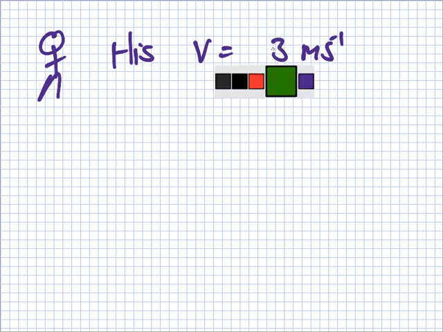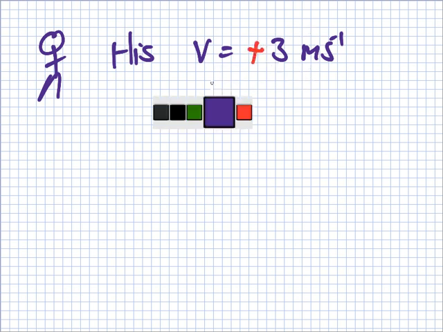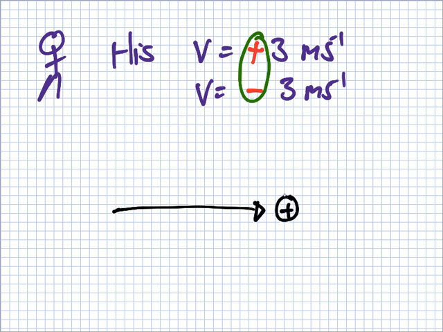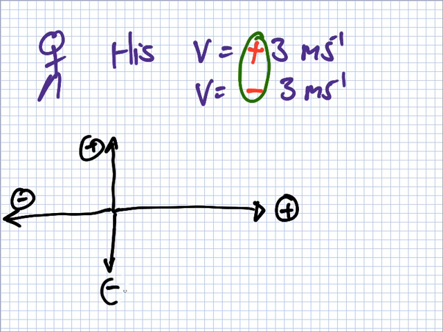But the direction is actually in the sign, because the plus will mean to the right, and the minus will mean to the left. So it is a velocity, the direction is in the sign. The rule is, right is positive, and left is negative. And up is positive and down is negative.